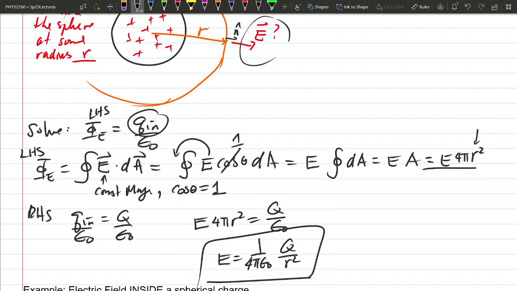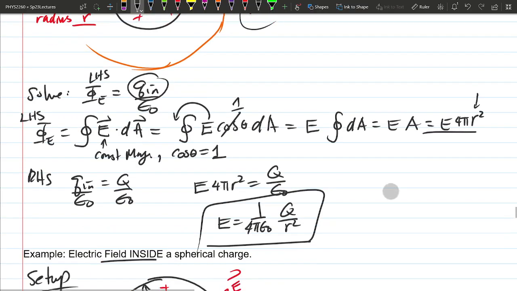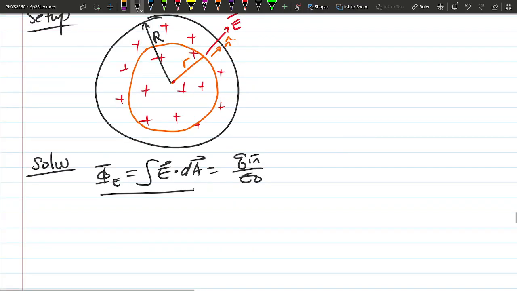We're calculating this constant electric field, and n hat being in the same direction as the electric field gives you that cosine of theta equals 1. All of that still holds, so the left-hand side is still the magnitude of the electric field times 4 pi little r squared.